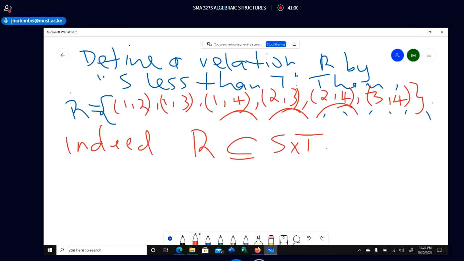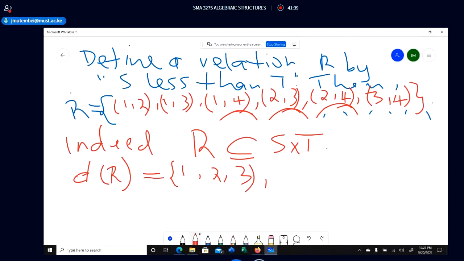So that is in agreement with what we have said earlier. And then now, supposing I want you to find the domain of R. What will be the domain of R? Domain of R, when R is defined this way, is the set of all first entries in the ordered pairs. So the domain of R will comprise of elements 1, 2, and 3.